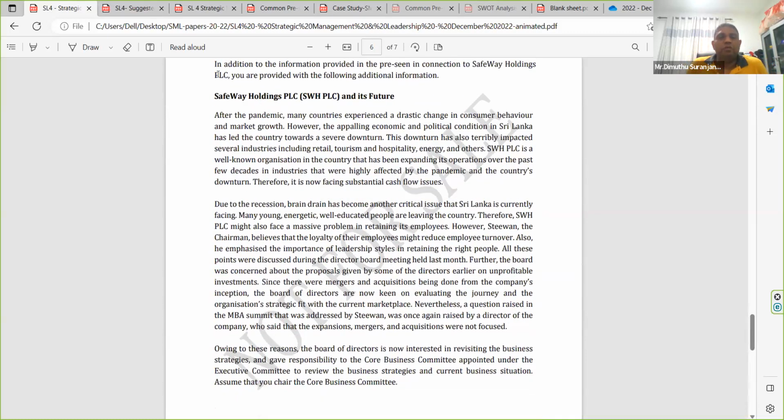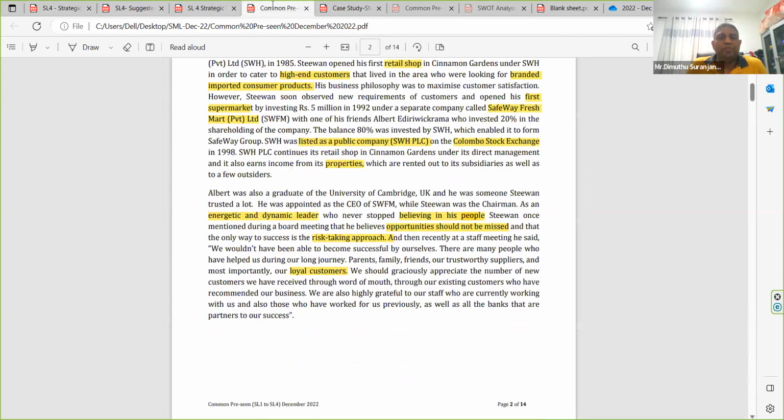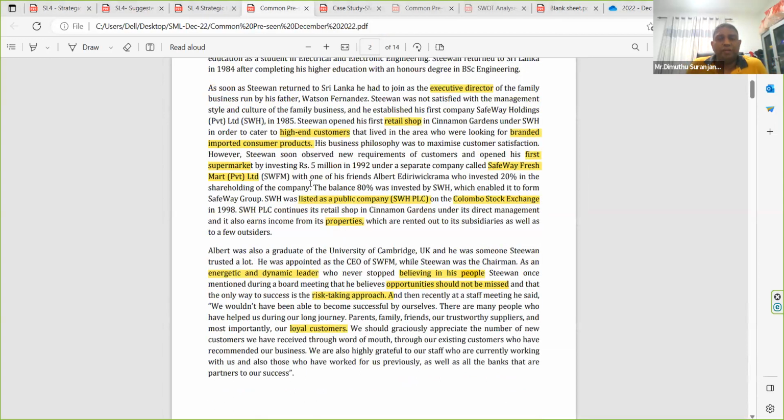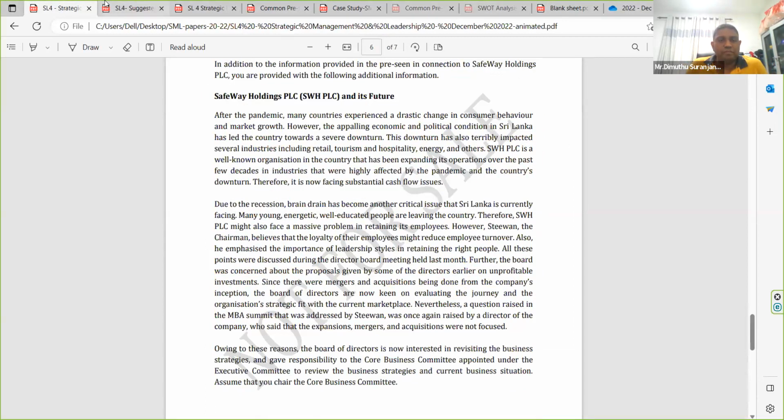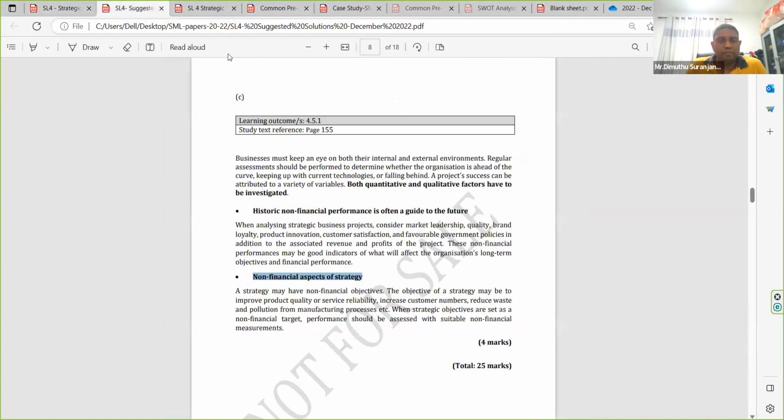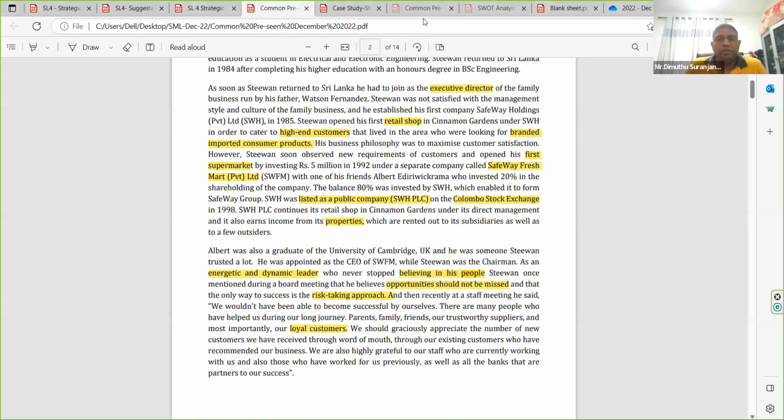So when it comes to the pre-seen information, what do you think about this para? You can get some idea on this one. There are 2 companies there, no? And you see this pre-seen. I think the pre-seen was shared at the beginning. If you go to history, I think you can find that one. Common pre-seen was shared.